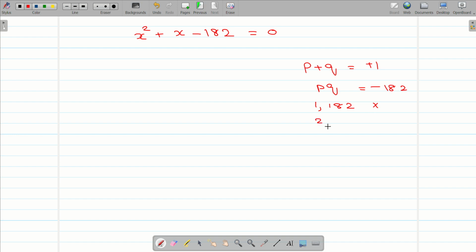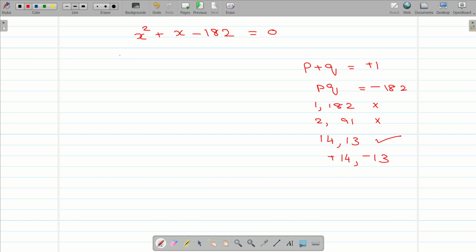Then 2 and 91, the difference is not 1. 91 can be divided by 7, you will get 13. So 2 multiplied by 7, you will get 14. 14 and 13, the difference is 14 minus 13, that is equal to 1. Since the sum is positive, we will give plus sign to the bigger one: plus 14 and minus 13.